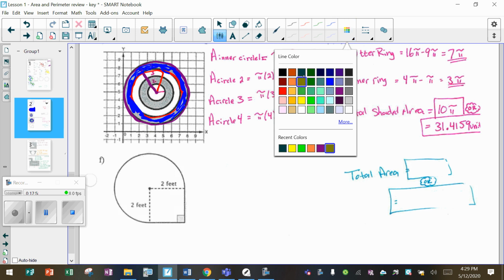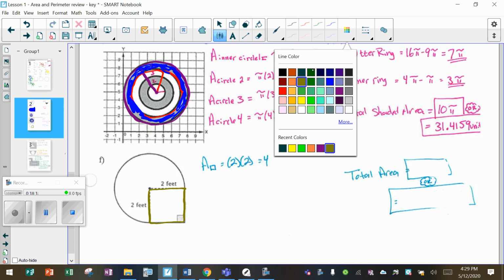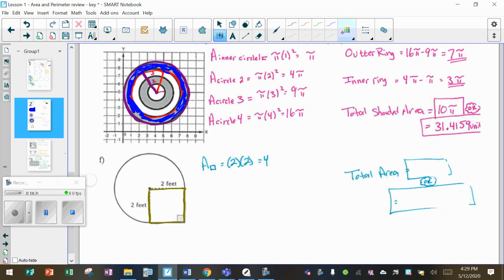All right, last one for today is simple. We have a square, base times height, length times width, side times side, however you want to view it. Area of the square is 2 times 2 is 4. The only tricky part about this other piece is the fact that it's not a full circle.